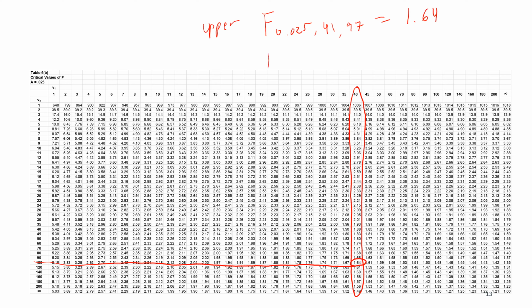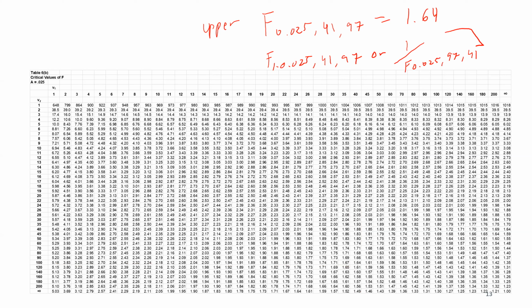Now your lower is F of 1 minus 0.025, comma, 41, comma, 97, or 1 over F of 0.025, comma, 97, comma, 41. So this is how you would use a table for it. So now we're switching it. Now we want to see 100.